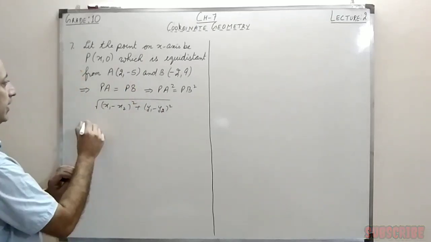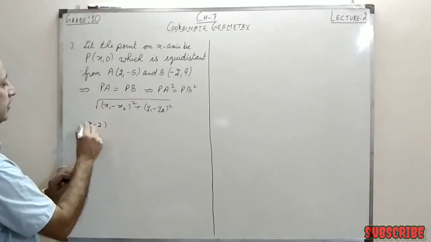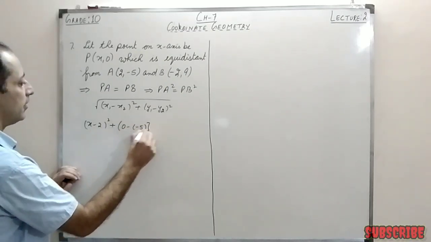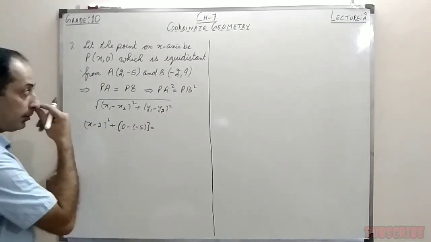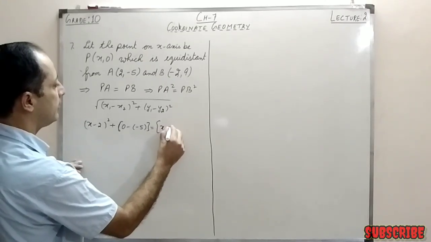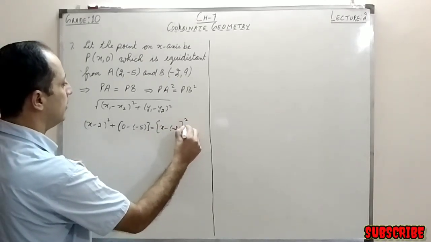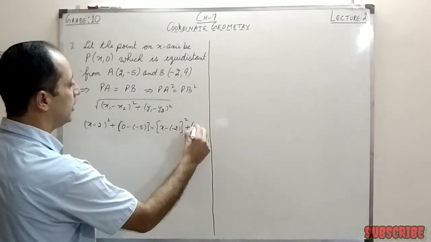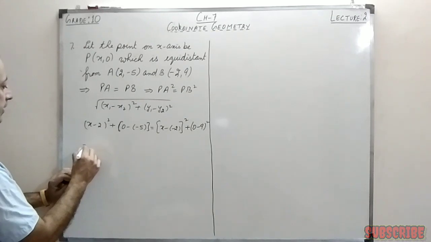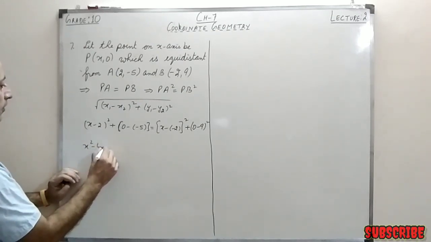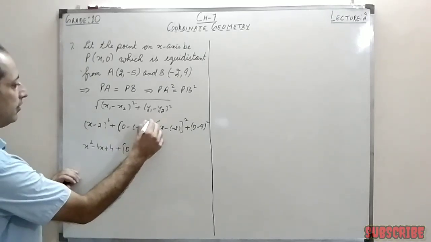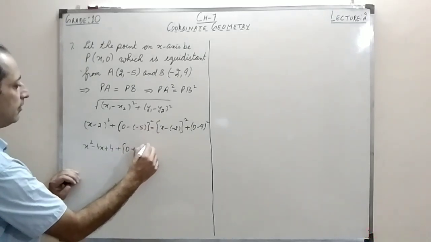So, on the left side, what I have is (x minus 2) whole square plus (0 minus 5) whole square, right? And on the right side, it would be (x minus 2) whole square plus (0 minus 9) whole square. Now when I open this, it is x square minus 4x plus 4, and this would be (0 plus 5) whole square.